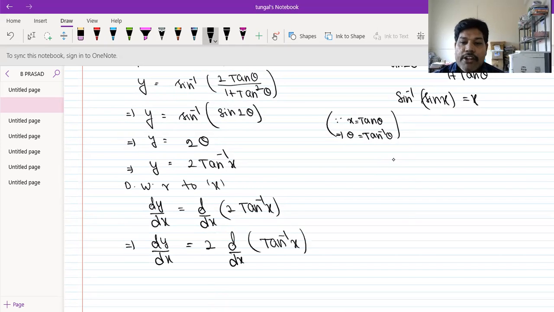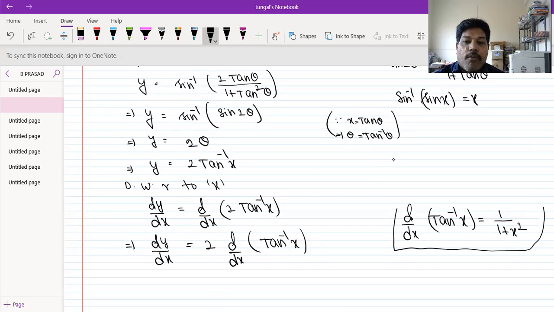Already you know the formula: the derivative of tan inverse x is 1 by 1 plus x square. We will use this formula here.